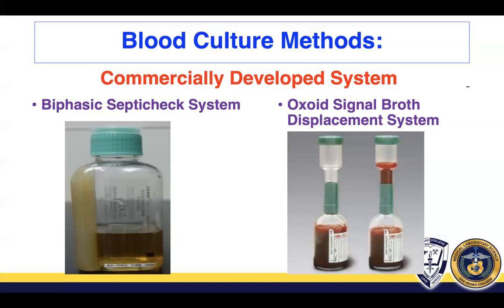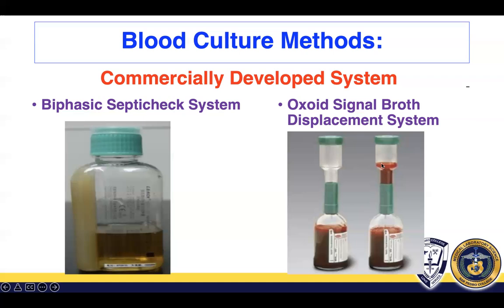Now, if there is bacterial growth, it would cause gas production. And when gas is produced, it increases the pressure inside the system. So this would force some of the blood mixture into the cylinder right there at the top of the main bottle.